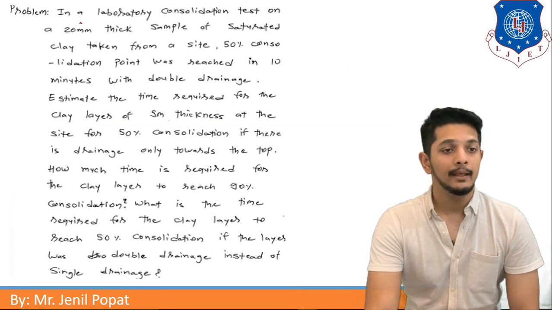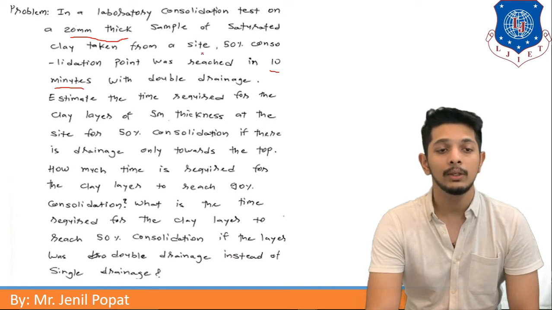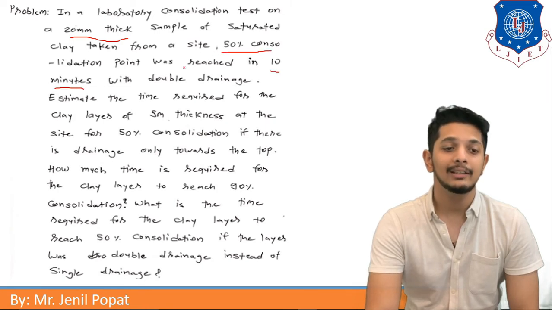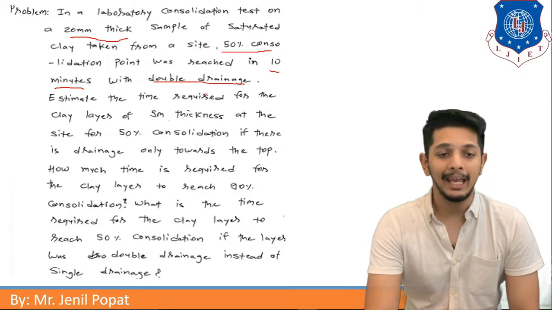First problem: in a laboratory consolidation test on a 20 mm thick sample of saturated clay taken from a site, 50% consolidation point was reached in 10 minutes. So 50% consolidation in 10 minutes with double drainage. Estimate the time required for the clay layer of 5-meter thickness at the site for 50% consolidation.